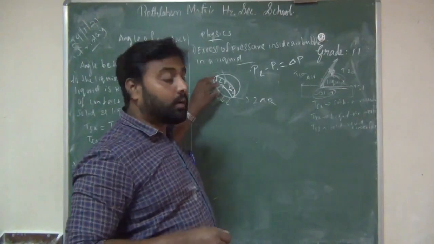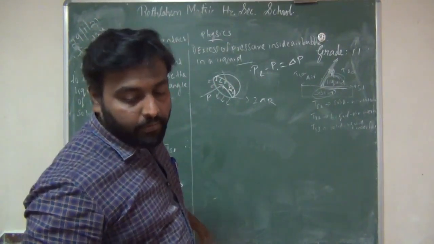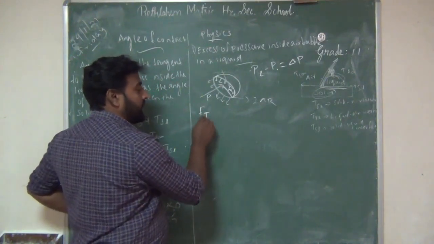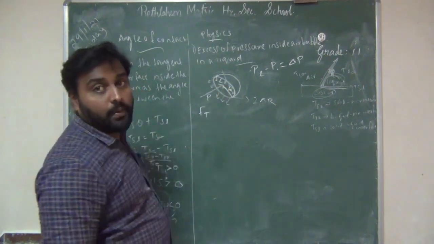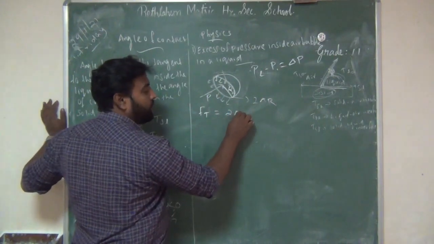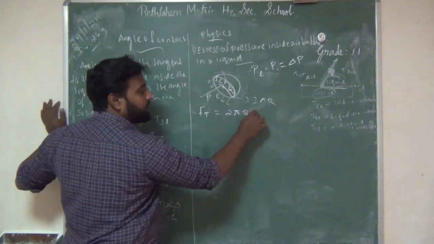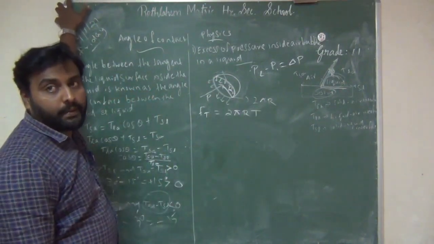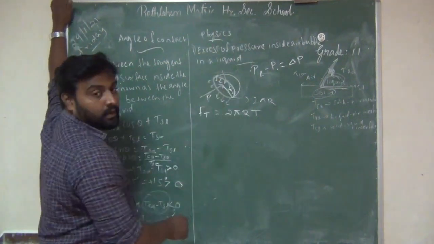If we need to find this inside pressure, we first have to write Ft, the force acting around this rim. That is 2 pi r, and the surface tension T, so 2 pi r T. 2 pi r is this length.